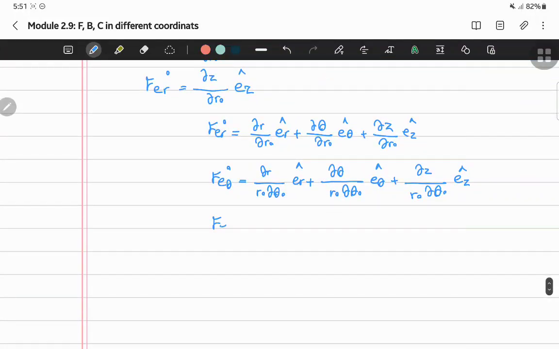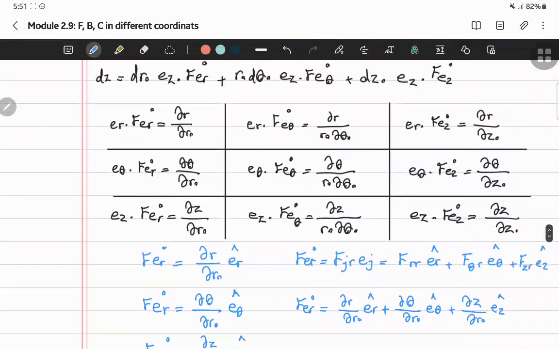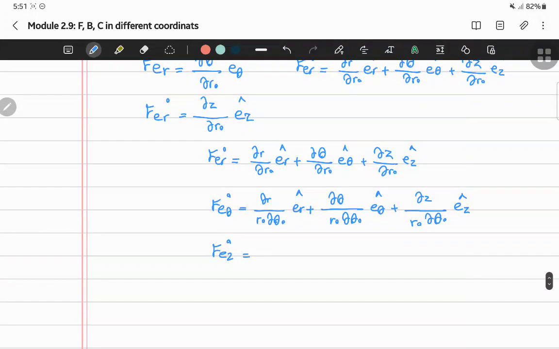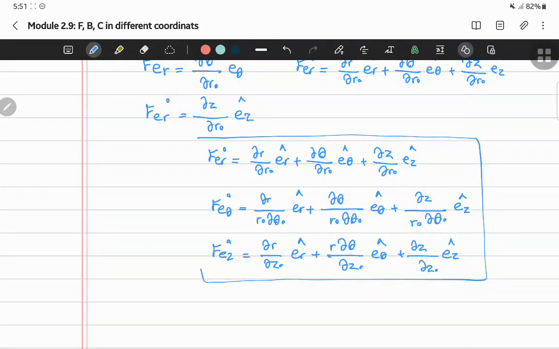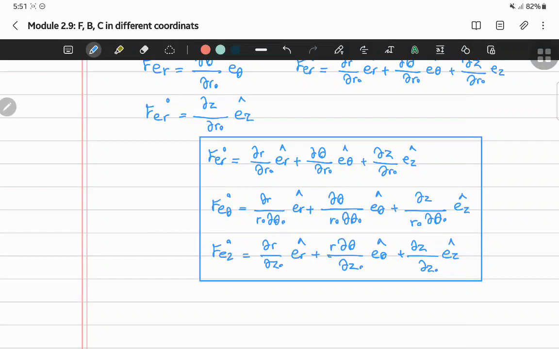And then I can write F e_Z0, which is in here: the partial derivative of r with respect to Z0, e_r, plus r times the partial derivative of theta with respect to Z0, e_theta, plus the partial derivative of z with respect to Z0, e_z. All right, so now we have F e_R0, F e_theta0, F e_Z0.